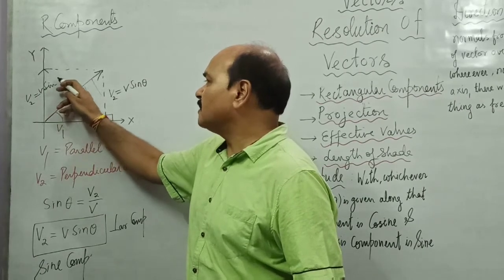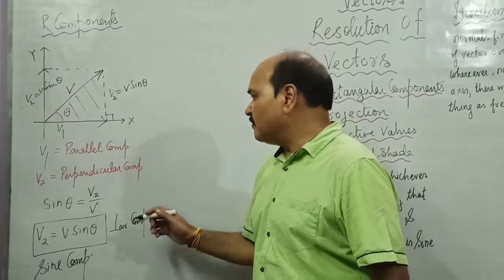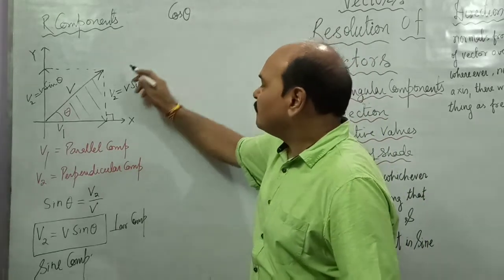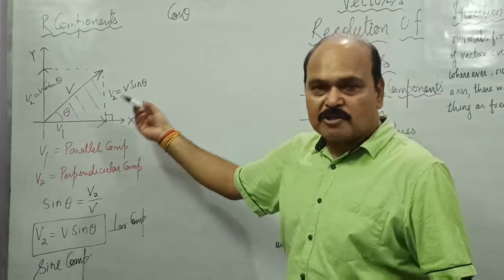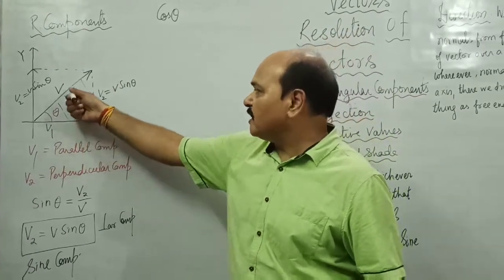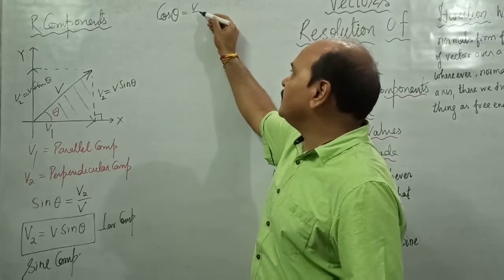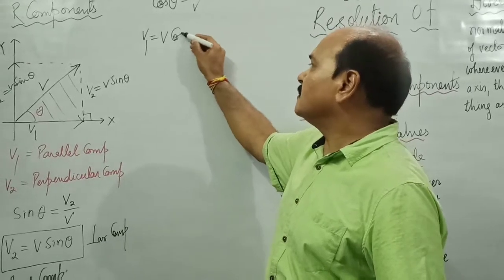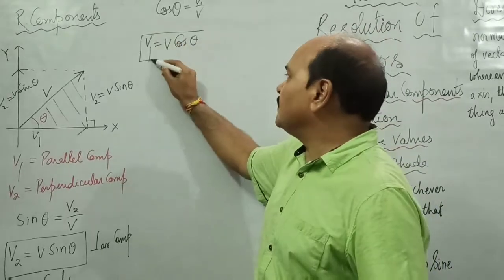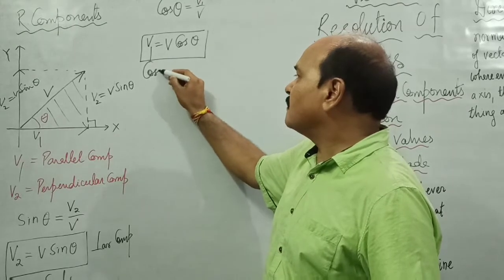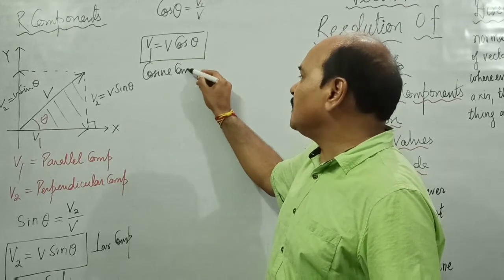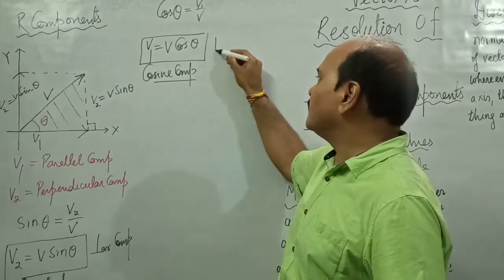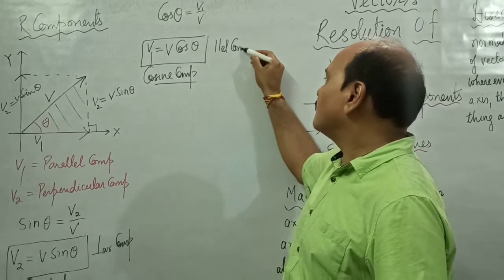The other component can be found out when we find out the value of cos theta. If we find out the value of cos theta from the same right angle triangle, what is cos theta? Cos theta is base upon hypotenuse, that is V1 upon V. That simply means V1 is equal to V cos theta. So V1 is the cosine component, and this cosine component is also called the parallel component.